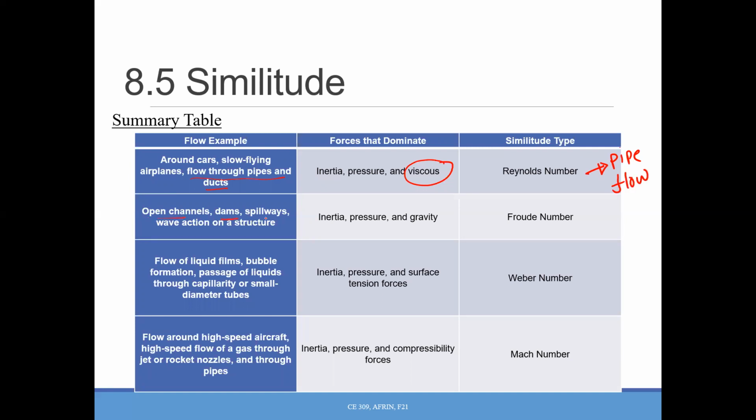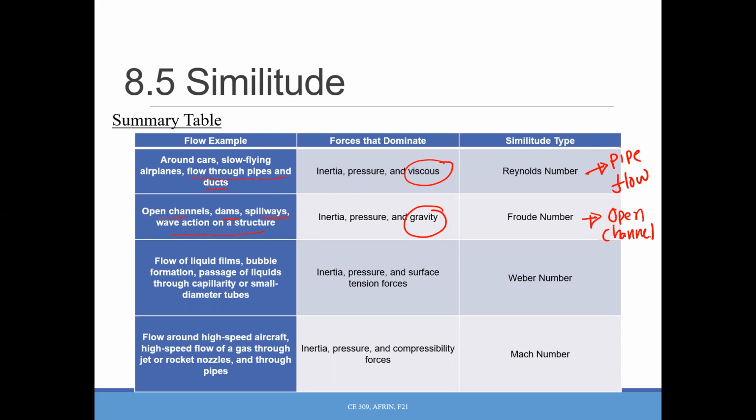Open channel, dam, spillway, wave action on structure, mostly it's about gravity, so for that one we will use the Froude number. Just like this one, you can find which number you need to use, and after reading the problem statement, we need to decide which number we should use.